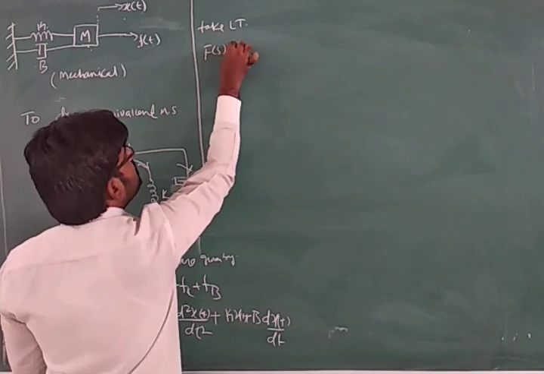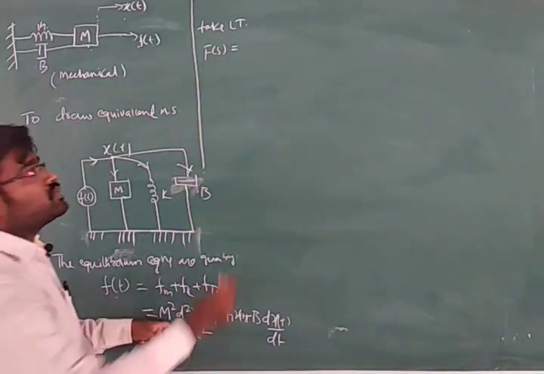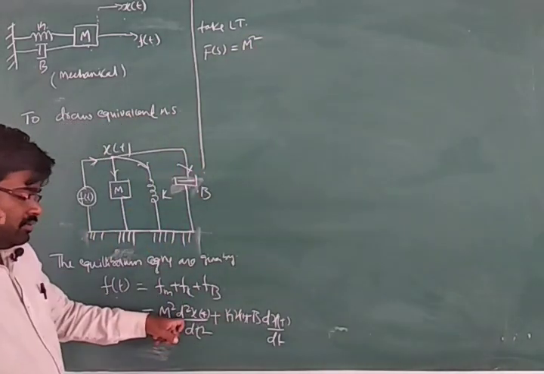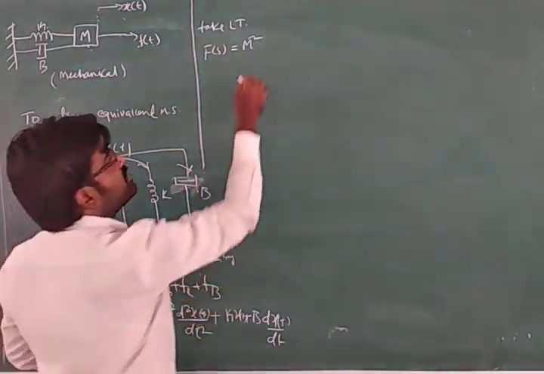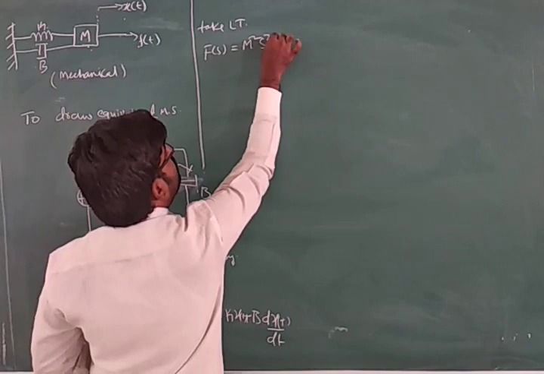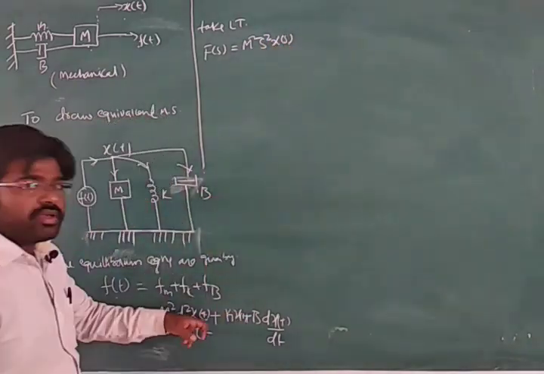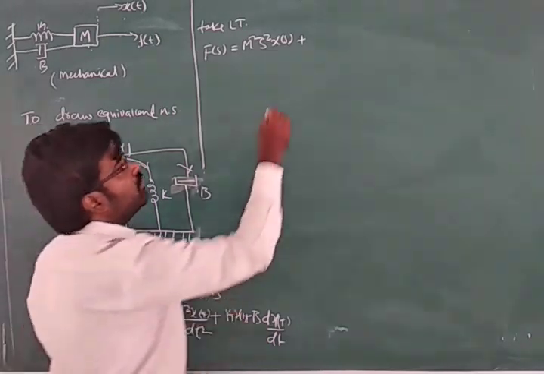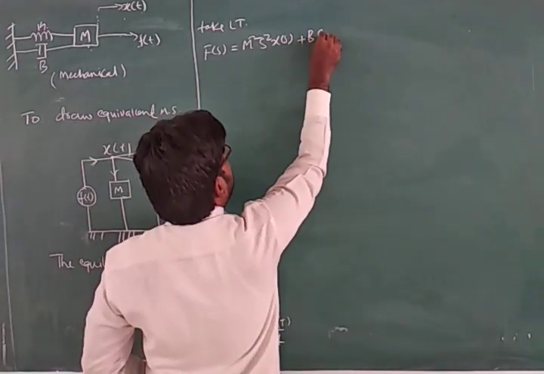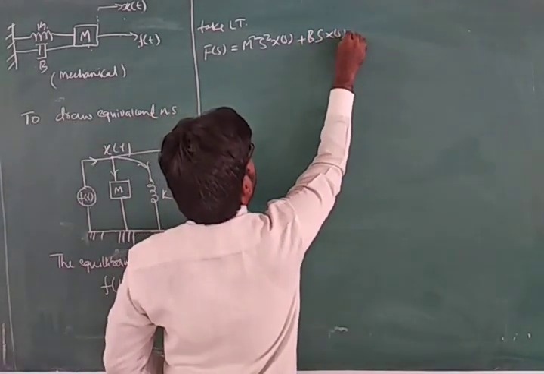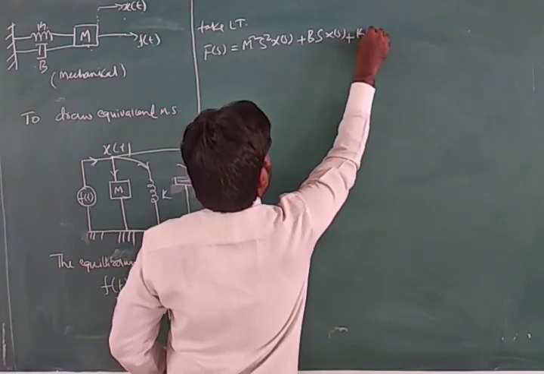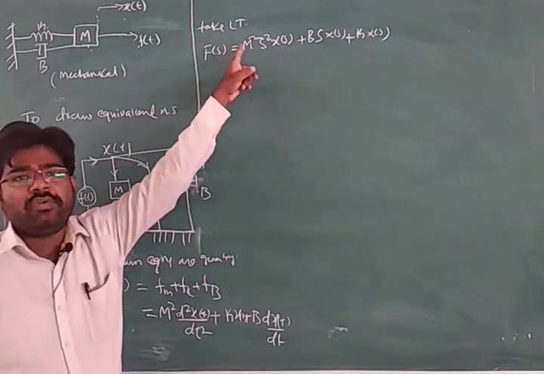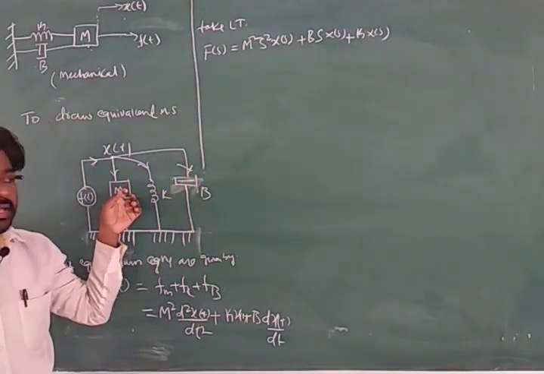So f of s is equal to m, you write as it is, m, d square means s square into x of s, plus, you write this term second, b into s into x of s plus k into x of s. So this is the given equilibrium equation of this mathematical modeling.